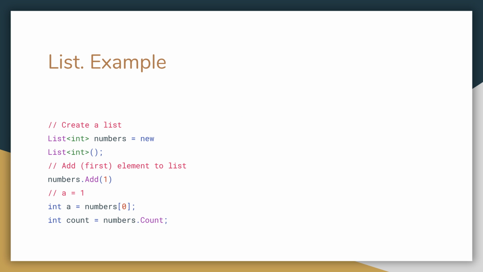Right. So in this example, you create a list just like an array with a new keyword, with anything really that has a reference. So I forgot to mention, array has a reference.